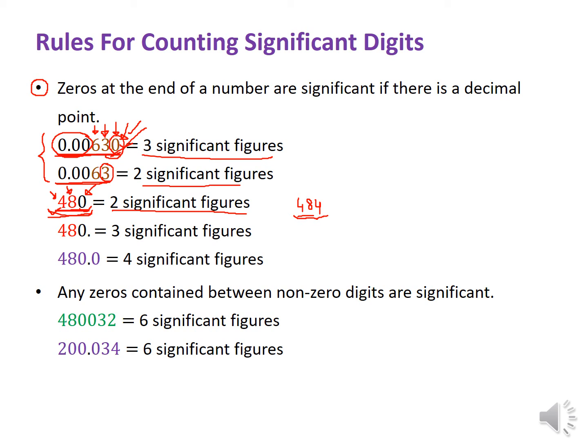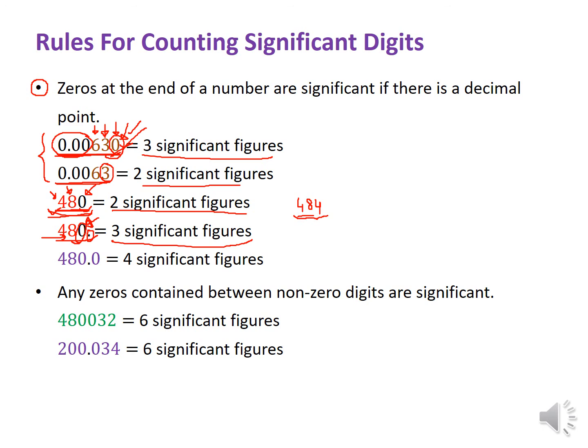But in the next example, 480 with a decimal point, we are sure that we have calculated up to this unit digit, that means up to this trailing 0, and for this reason now this 0 is significant. In the number 480 with the decimal point, we have 3 significant digits, 4, 8 and 0, so we have 3 significant figures.